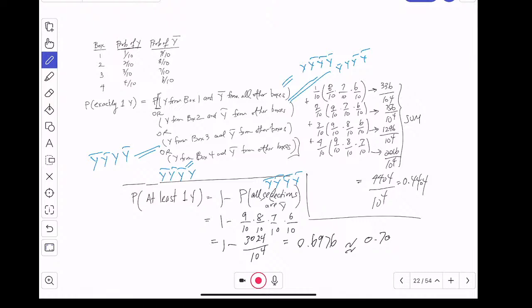Okay. Let me see, I'll double check. So I'm not saying that it's easy. It's a pretty comprehensive problem. It involved all the rules.